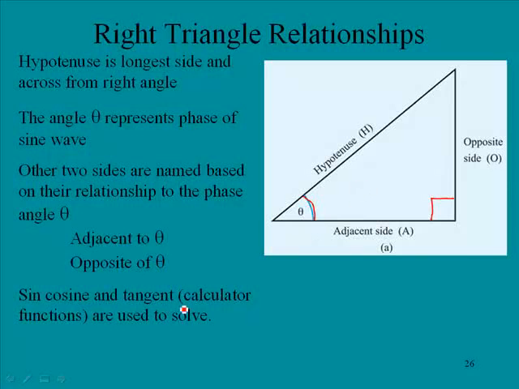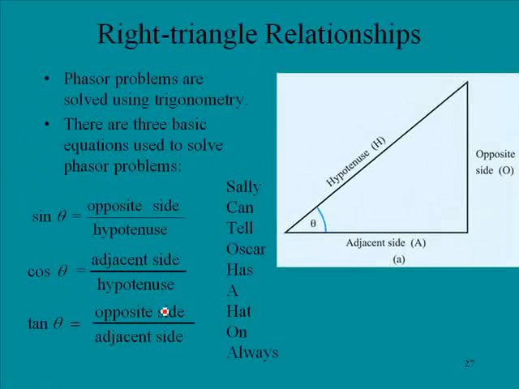Sine, cosine, and tangent, these are calculator functions, are used to solve for these values. Phasor problems are solved using trigonometry, and this is getting into right triangle relationships. There are three basic equations used to solve phasor problems, and they are the sine, the cosine, and the tangent.